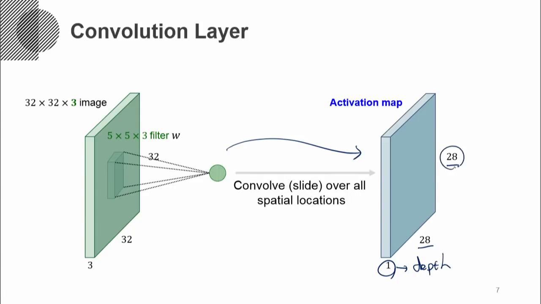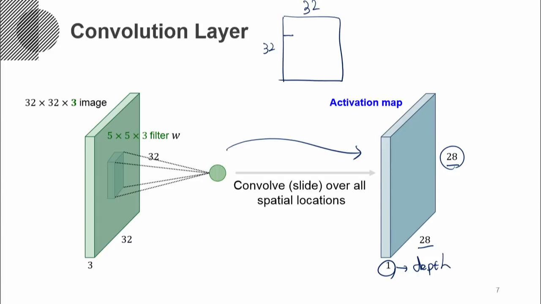The reason why we have 28 as the height and width is because we have 32 by 32 as the image size, and we do not consider zero padding, which we briefly learned in the previous lecture.